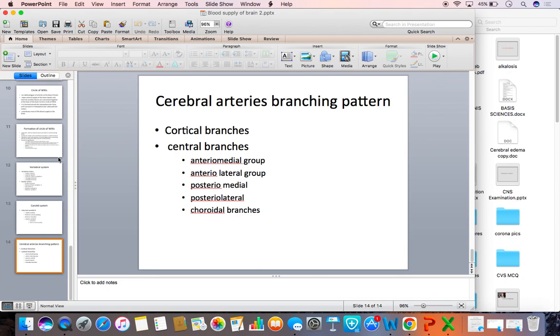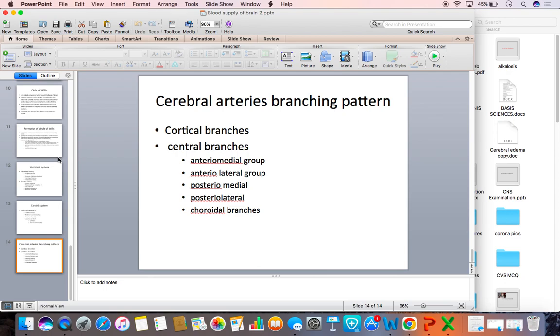Well, before we conclude, we try to mention a few important features of the brain. Brain is a metabolically very active organ, right? It derives its energy through aerobic oxidation of glucose.